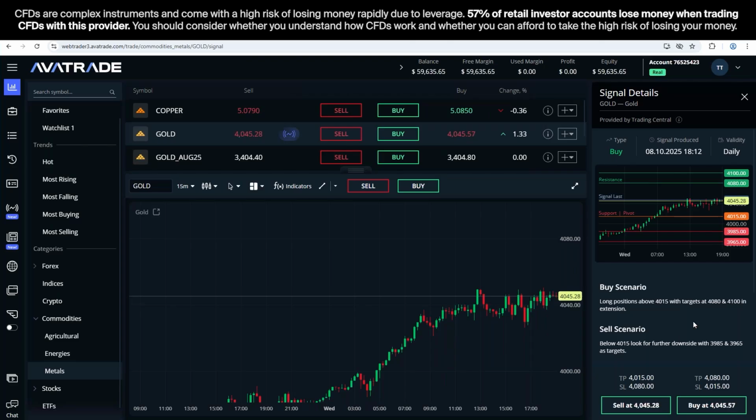But from a technical perspective, there's a support level that's seen from the folks over at Trading Central who send us these signals. There's a support level seen just above 4,000 at 4,015. And it almost seems crazy that we're talking about 4,000 so quickly, because we were all looking at 3,000.